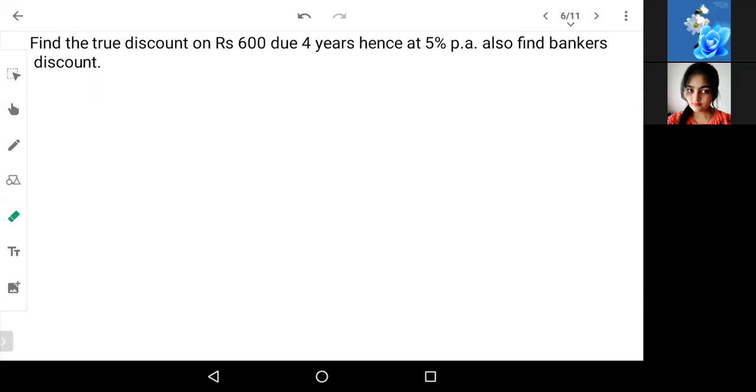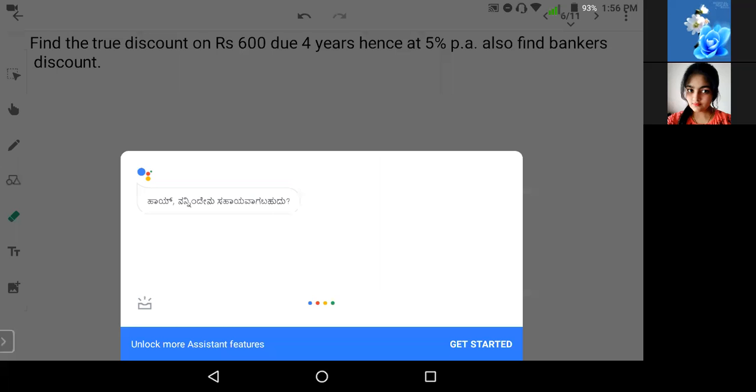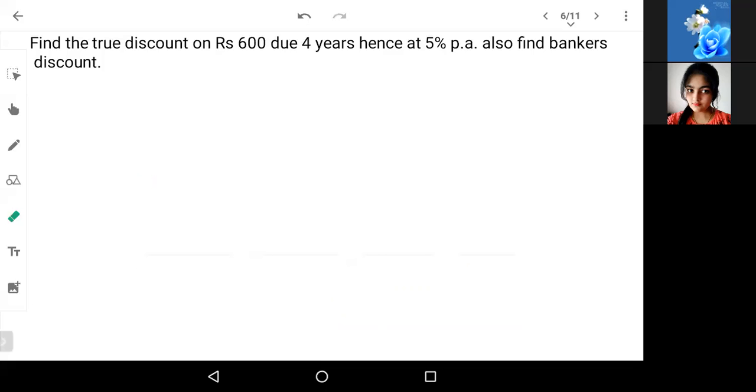Okay. So first problem, find the true discount on 600 rupees due 4 years hence at 5% per annum. Also find banker's discount. Okay, so here this is the first question. We are supposed to find the true discount here.